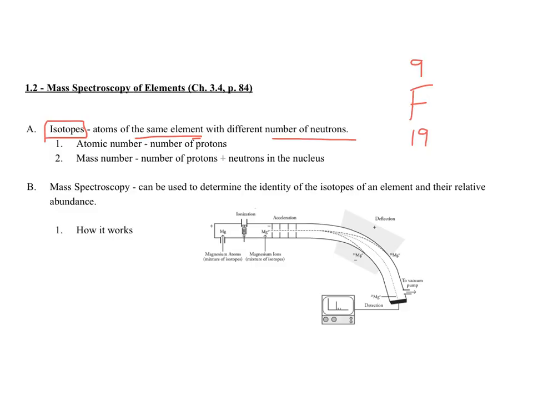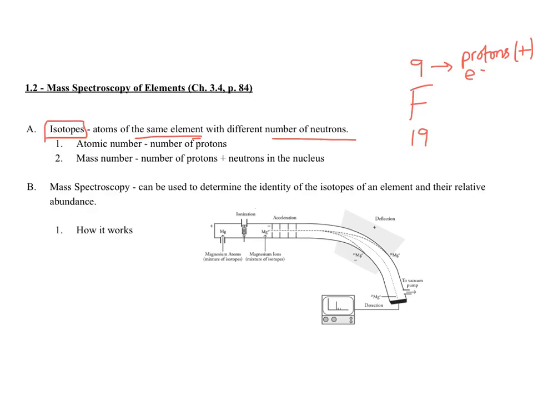On your actual periodic table, it says 18.998. That's an average number. This top number is our atomic number, and it tells us the number of protons. So that means fluorine has 9 protons. It also tells us the number of electrons if we're dealing with neutral atoms, which for now we are. Protons are positively charged, electrons are negatively charged.